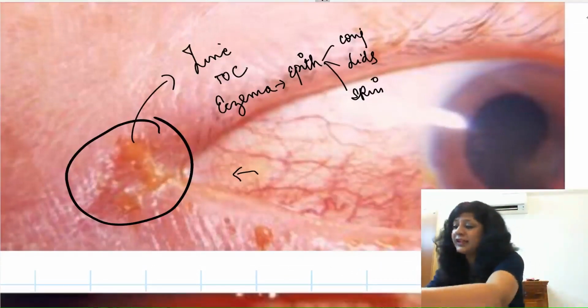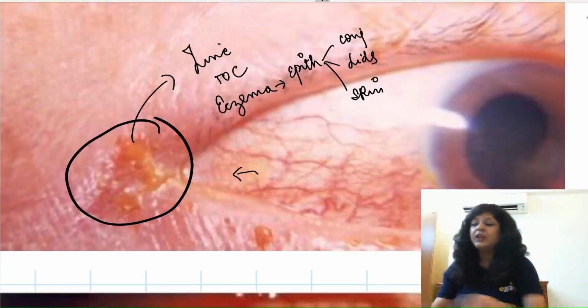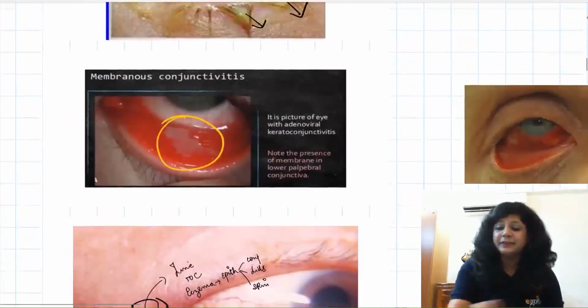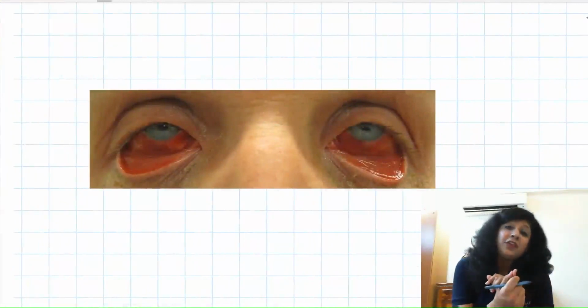Now coming to the next one, that is your viral conjunctivitis. Now viral conjunctivitis is basically quite a lot different from the bacterial conjunctivitis. Here we can have acute follicular conjunctivitis. Basically, bacteria do not produce follicles.